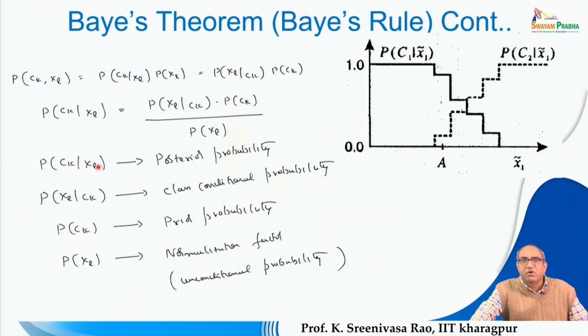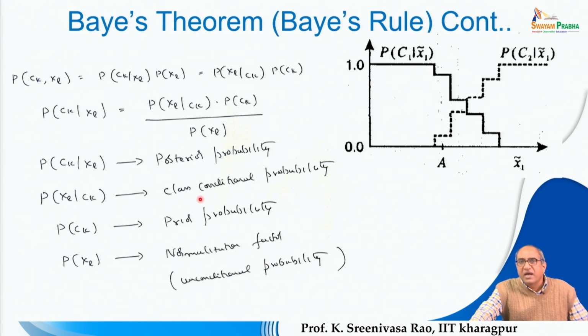The other term, probability of XL given Ck, is just the estimation of the probability of a feature vector conditioned to a class. This is known as the class conditional probability. It means that we are estimating the probability of a feature vector conditioned to a particular class. For this class, what is the probability?